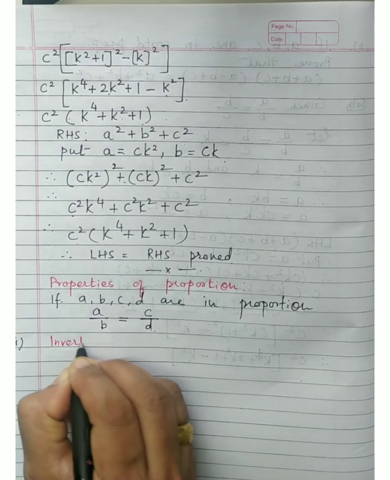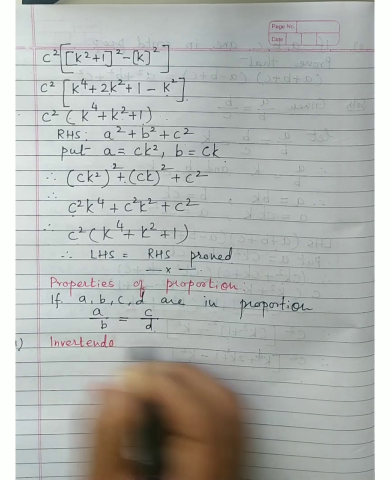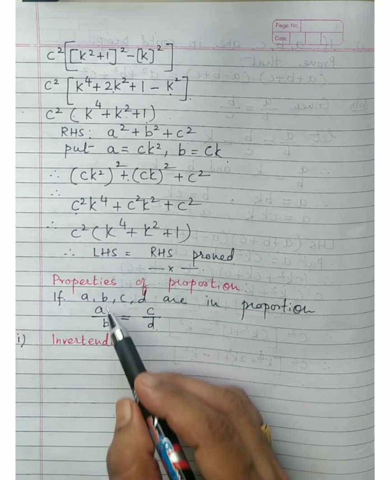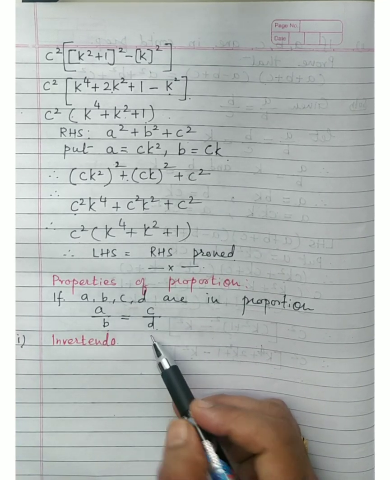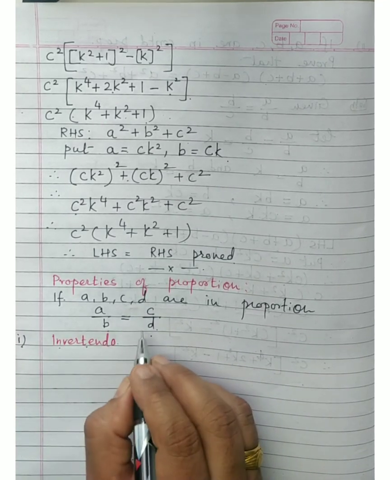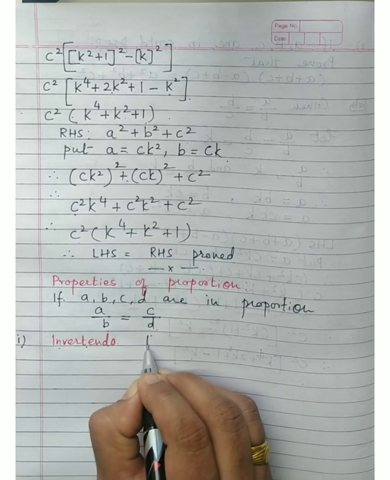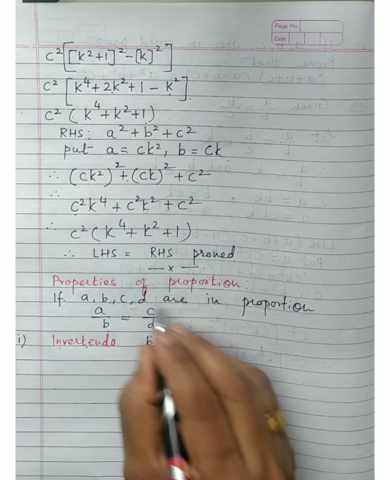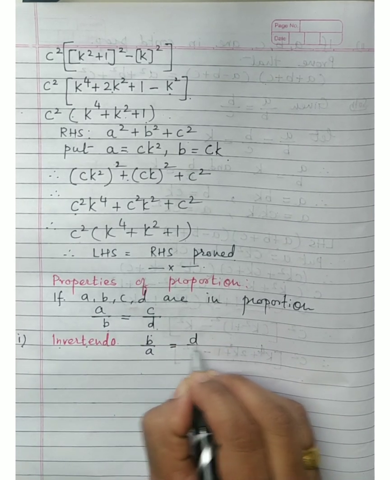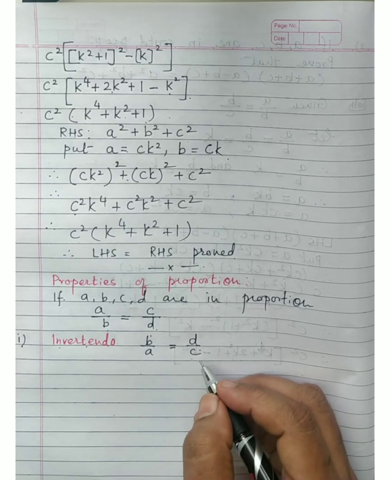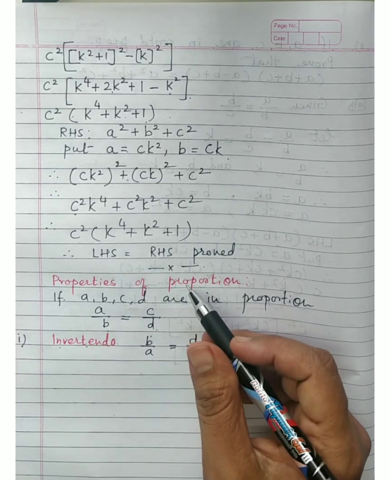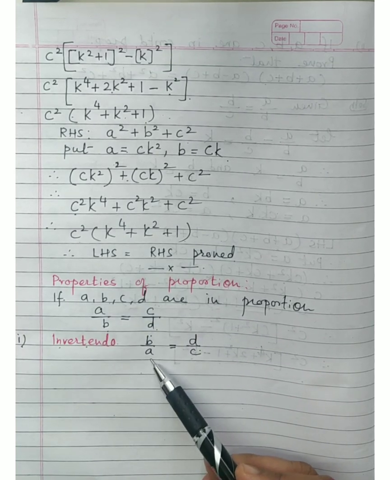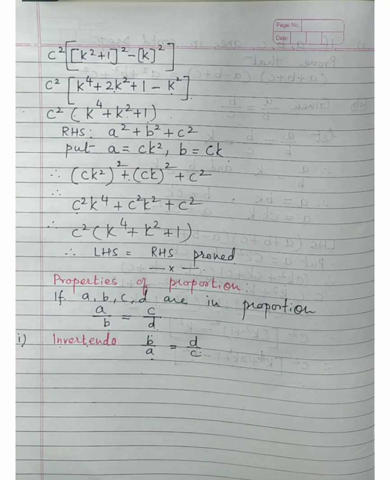If a upon b is equal to c upon d, then the property invertendo says that b upon a, see I have inverted this ratio, b upon a will also be equal to d upon c. Simple invertendo property.